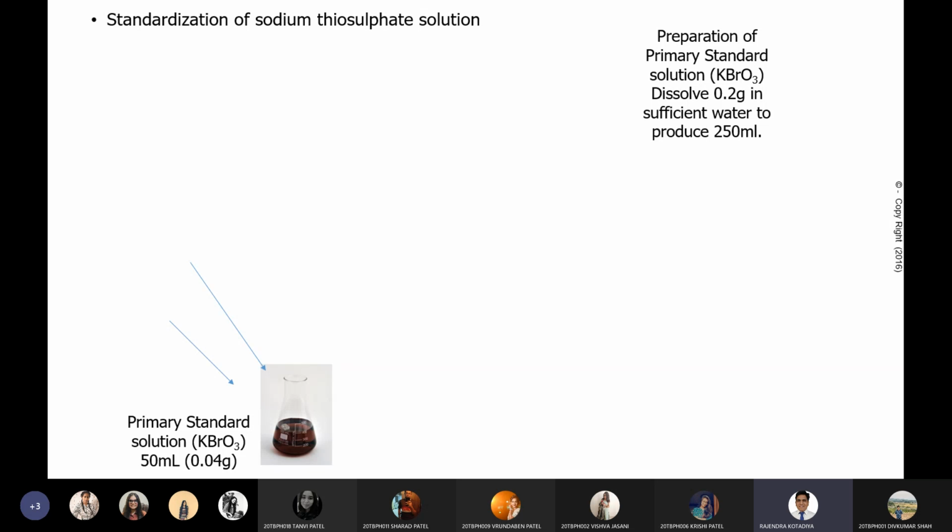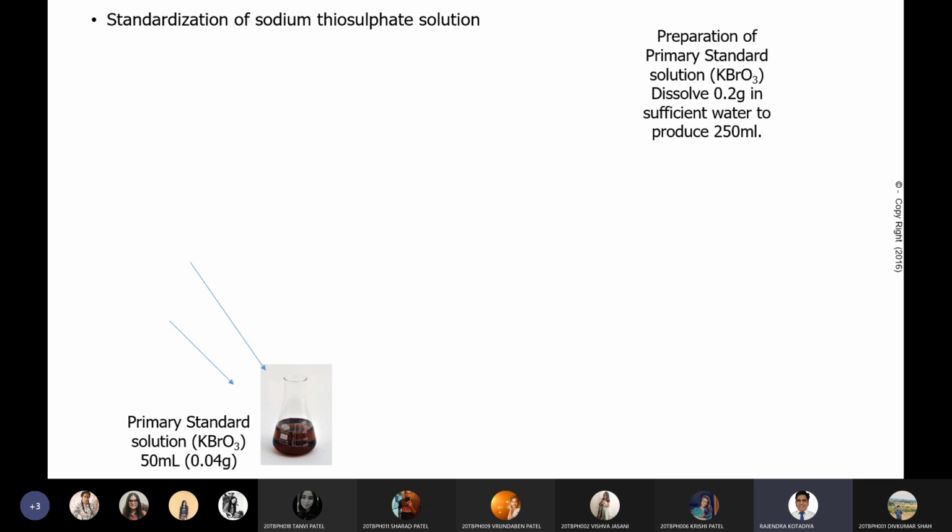So initially you have to prepare a primary standard solution of KBrO3. You will dissolve 0.2 gram in sufficient water to produce 250 ml solution. So take 0.2 gram KBrO3 and dissolve it in water so that the final volume is 250 ml.